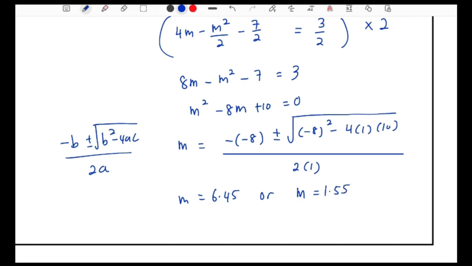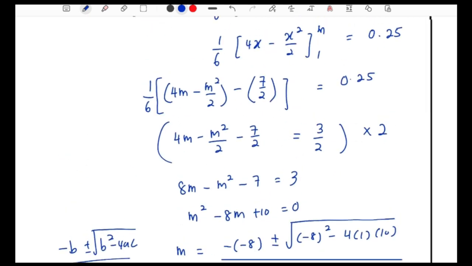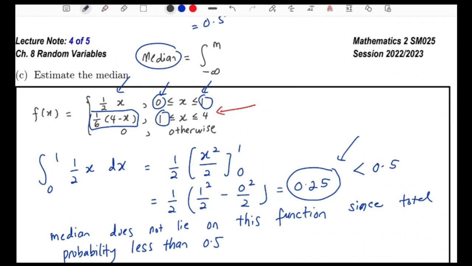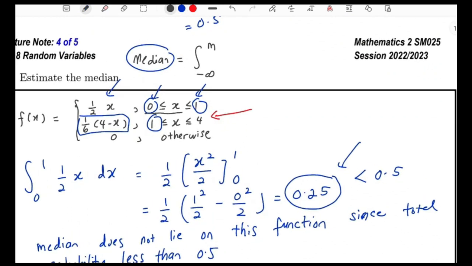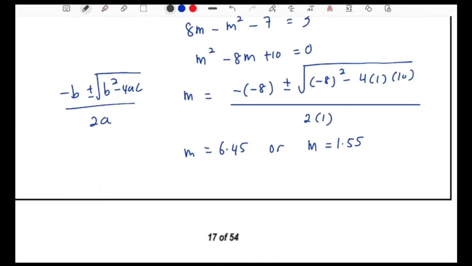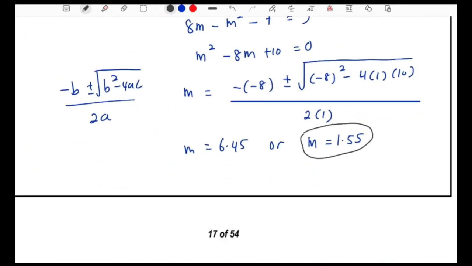We need to choose one of these values to get the value of our median. So to choose the correct answer, we check the range. Our median lies between 1 and 4. So the correct value is m equal to 1.55.